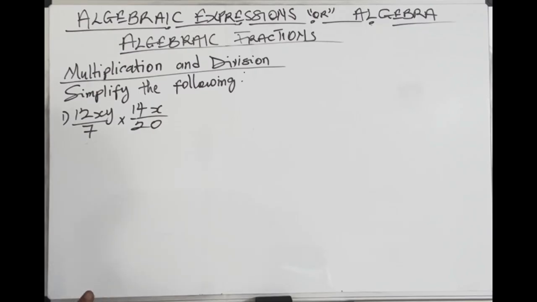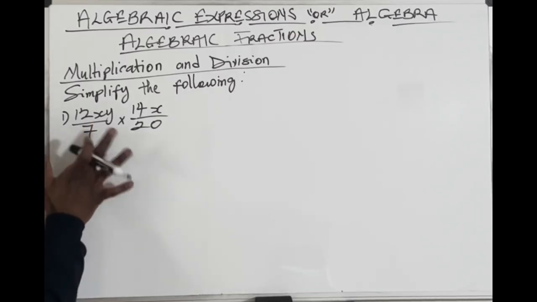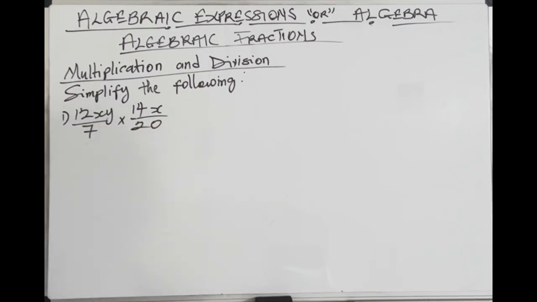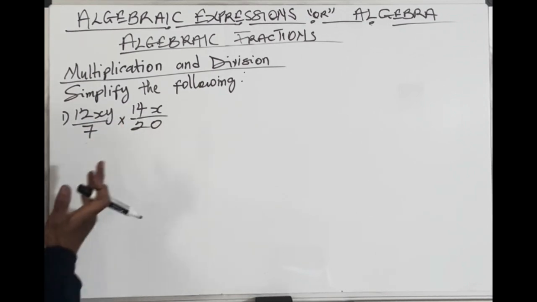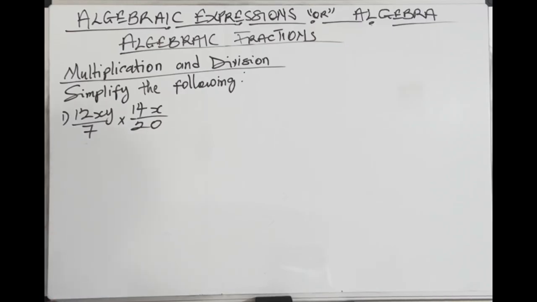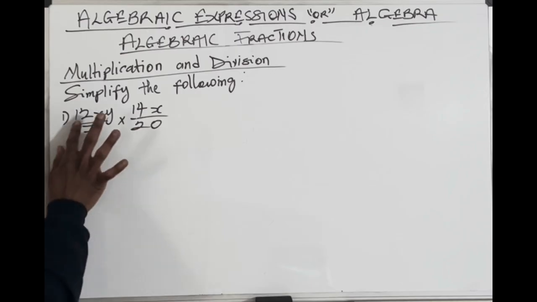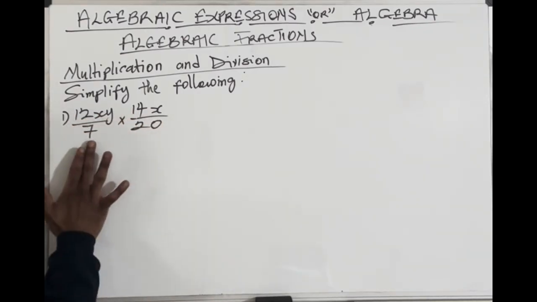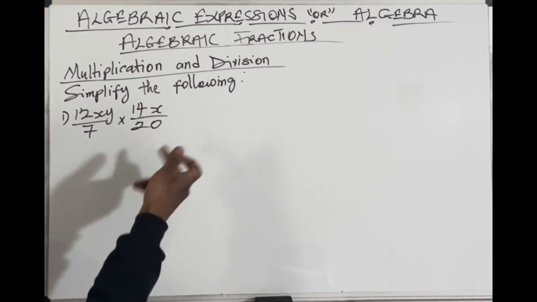But whenever we are dealing with fractions, we need to break things down to their simplest form. Looking at 12 over 7, 14 over 20, we can do some cancellation before we put ourselves in a big situation trying to multiply 12 by 14 to have a bigger number, then 7 times 20, a bigger number, then you go and cancel.